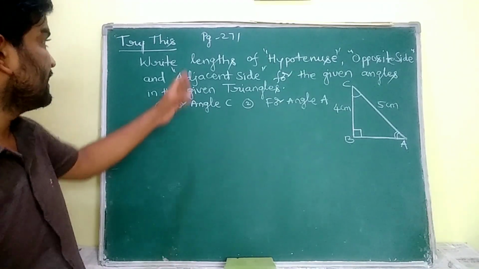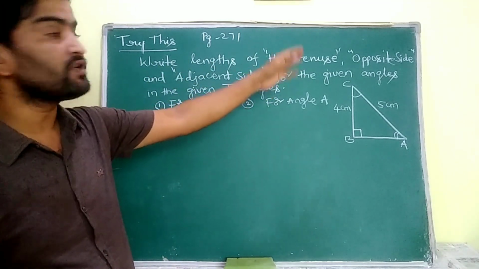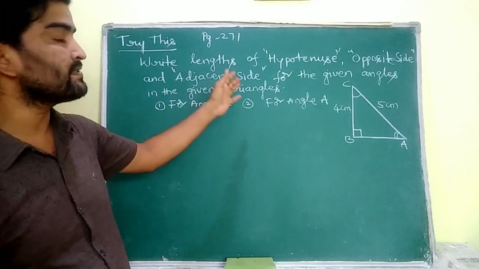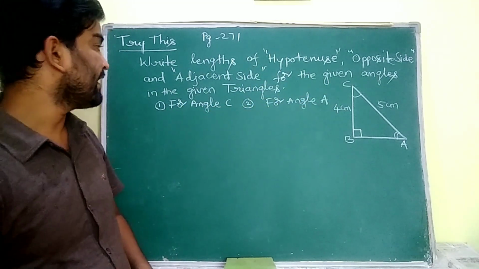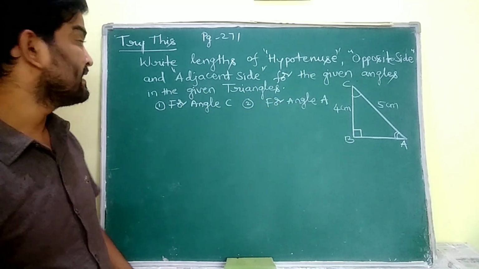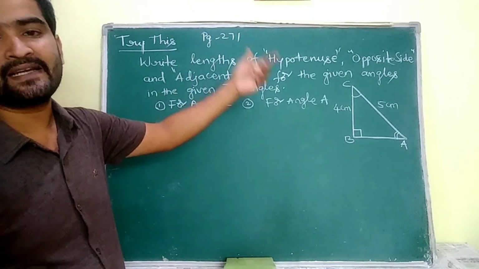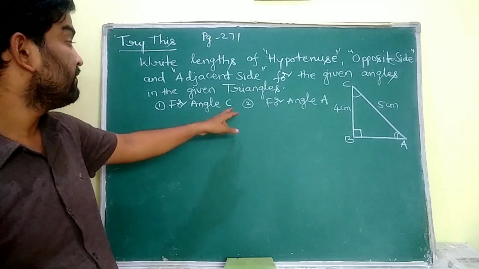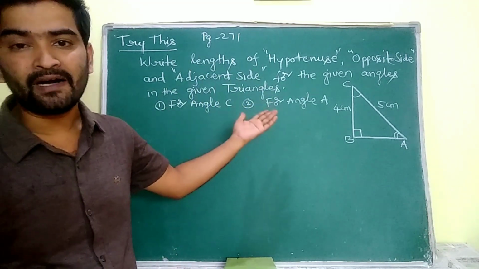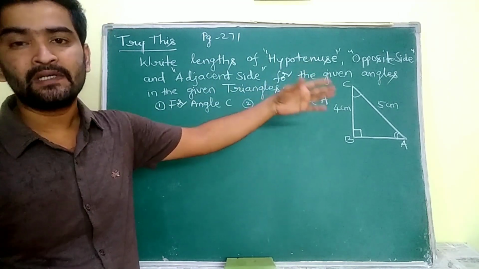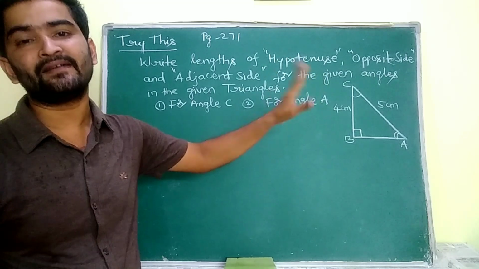Try This, on page number 271. Write the lengths of the hypotenuse, opposite side and adjacent side for the given angles in the given triangles. Now this triangle is asking you to write the hypotenuse, adjacent side and opposite side for the angle C. Before writing the required sides, we have to check whether all the sides in the given triangle are known or not.